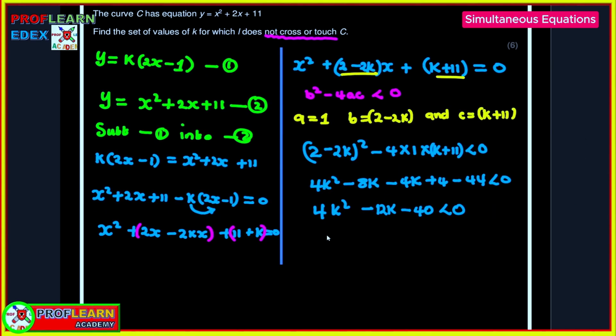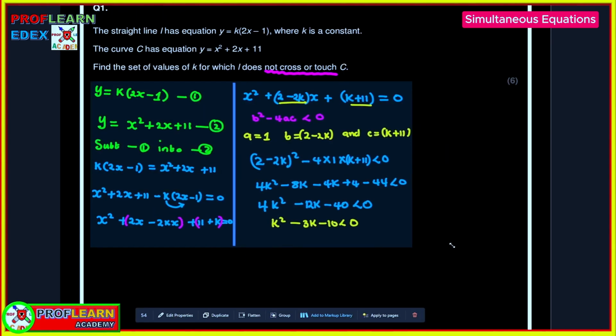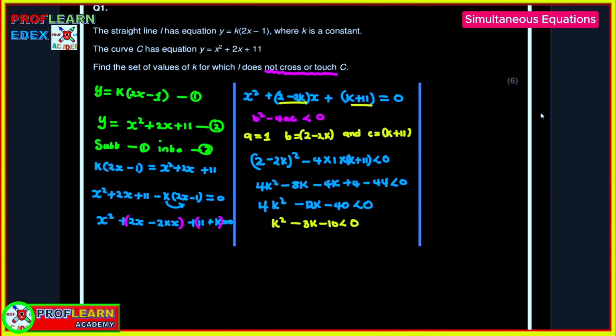Now, we have this as our inequality, so we can even divide by 4 all through, and it's going to reduce to this. Once we have done this, we are going to solve the quadratic equation and then sketch the graph the way it looks.